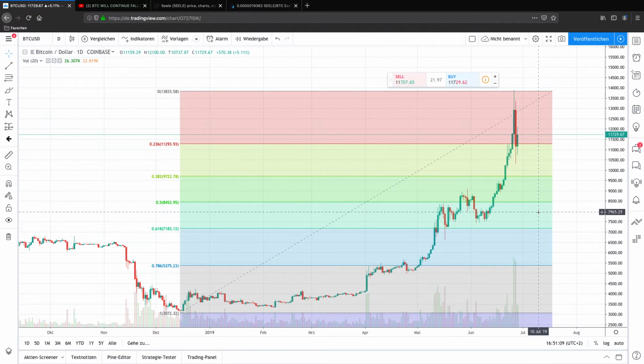So this would mean we could be falling down between $8,000 and $9,000. This is what I will be watching, and as I told you, the channel that could be forming right now, all these things I will use in the next videos and the next days to find the right point for a buy-in. This is my strategy.